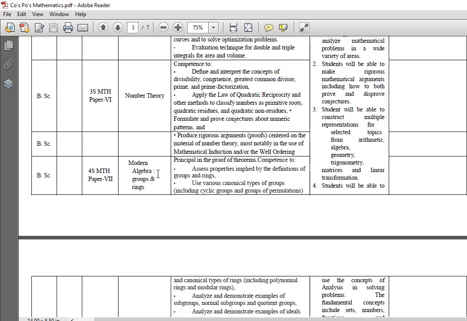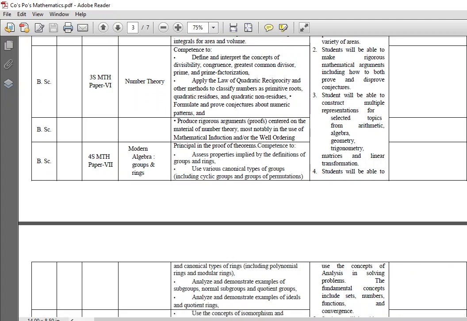In the fourth semester, there are paper 7 and paper 8. Paper 7 is modern algebra, groups and rings. There are two topics. The first three chapters contain groups, and the 4th and 5th chapters are based on rings. After this syllabus, you can assess properties implied by the definition of groups and rings, and use various canonical types of groups including cyclic groups and groups of permutations, and canonical types of rings including polynomial rings and modular rings.